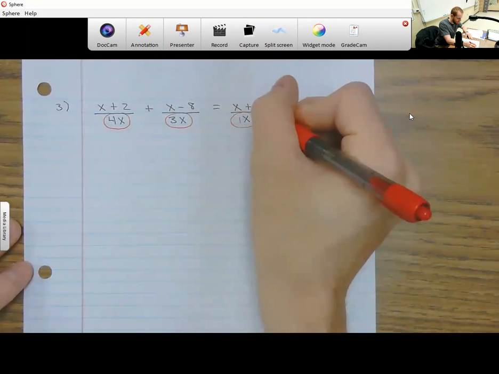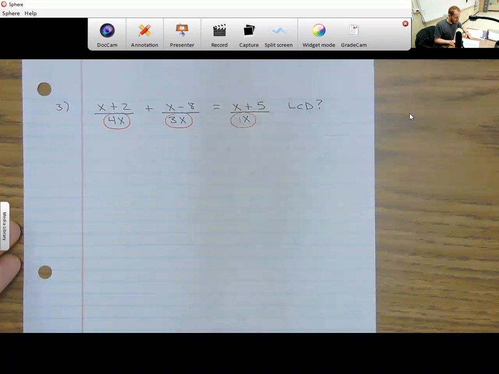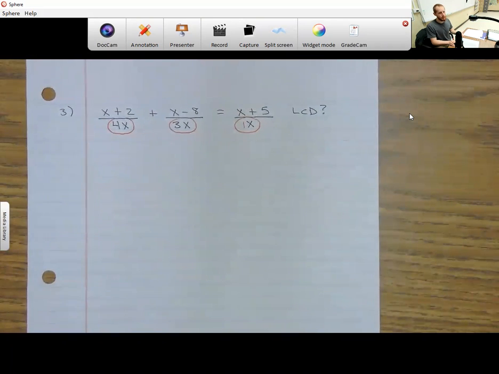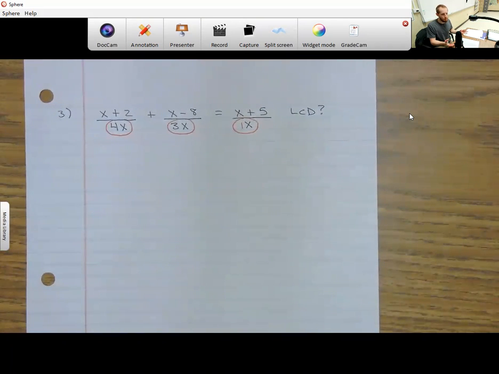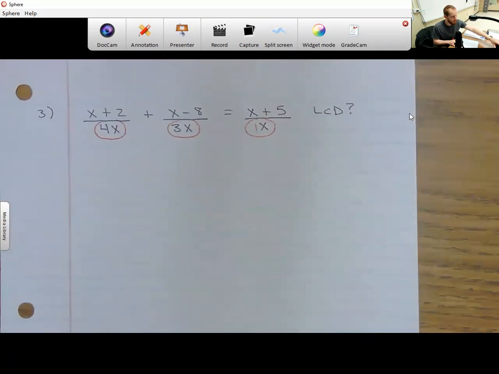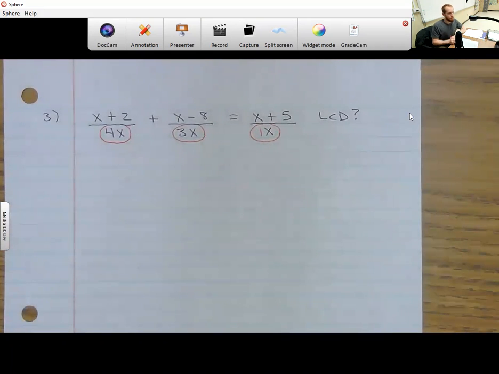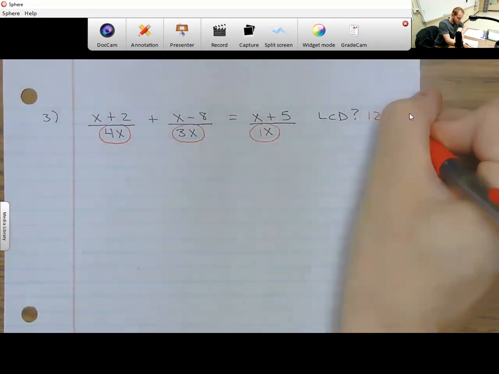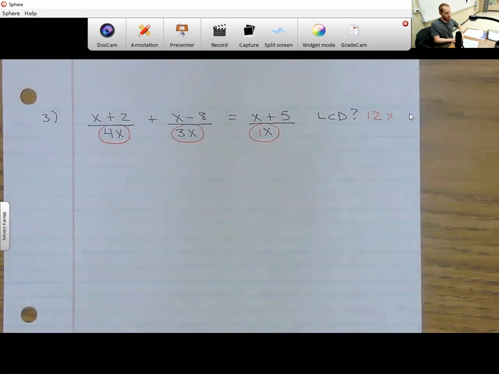Same thing, right? So what can all these denominators become? Or put in another way, what can they all multiply to be? 4x, 3x, 1x. They can all become 12x, right? So my lowest common denominator is going to be 12x for this question.